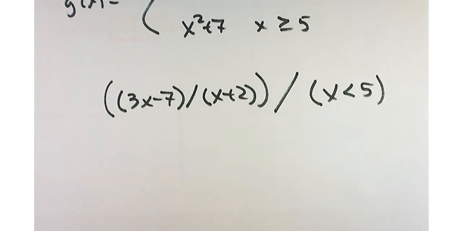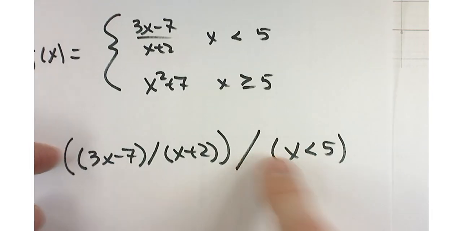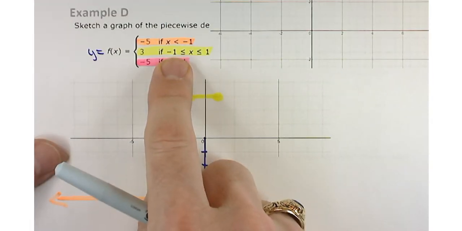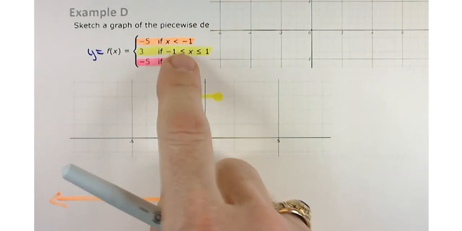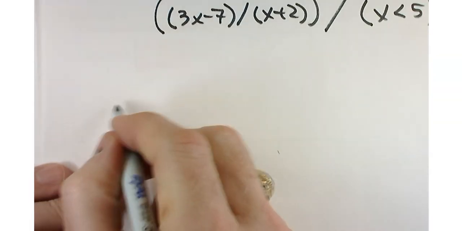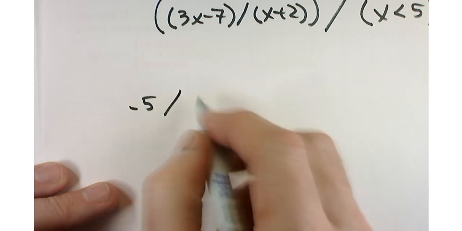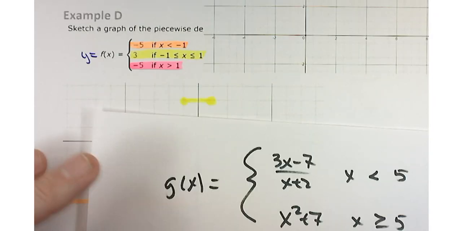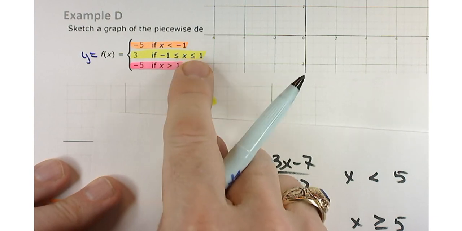Now, you do bring up something that I have to share with you. If you're going to do this trick of dividing by a condition, you're going to run into problems, because your calculator is not going to like that. To do this on your calculator, if you had, say, -5 divided by, you can't type in -1 less than or equal to x less than or equal to 1.